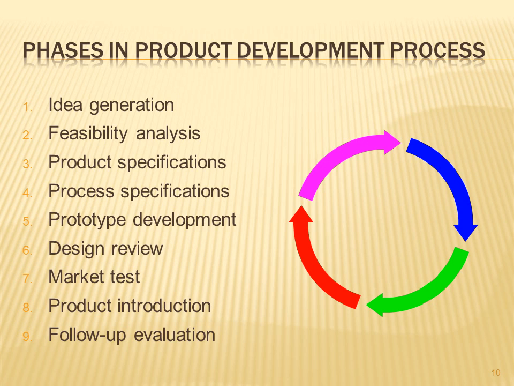Then we have to look at things like specifications and processes and prototype development. If we're building and developing a product, it may not be a prototype if it's a service. We still have to go through these same types of steps when you're thinking about developing anything, even if it is a service. The design review, testing it in the market, and then the product introduction.